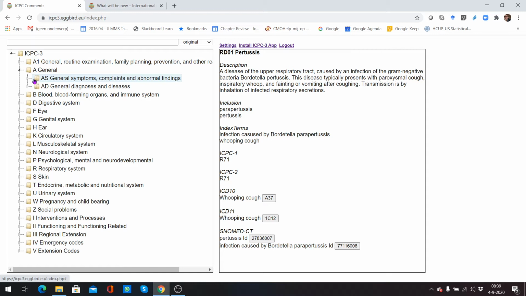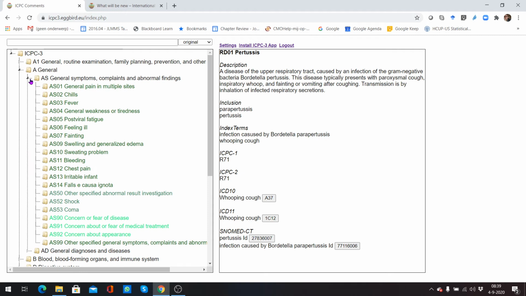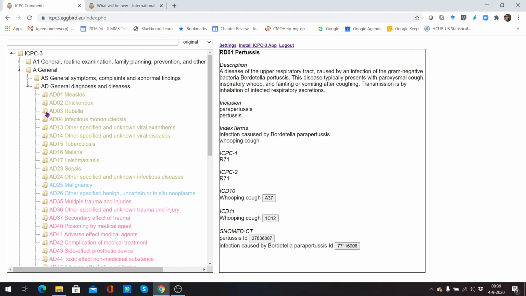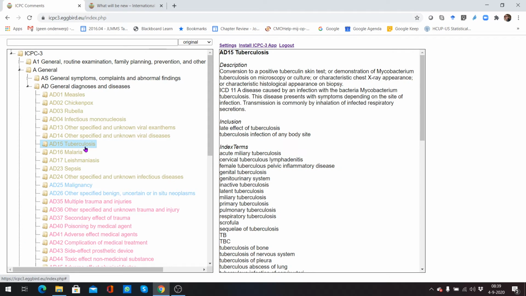For example, fever and tiredness are symptoms that can be linked to diseases from almost all body systems. If I close this one, go to the disease part. And tuberculosis, also in chapter A, is a disease that can manifest itself not only in the lungs, but also in many other body systems.